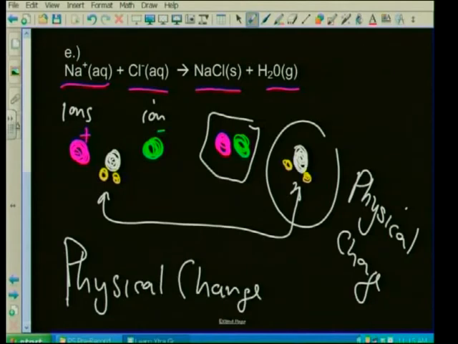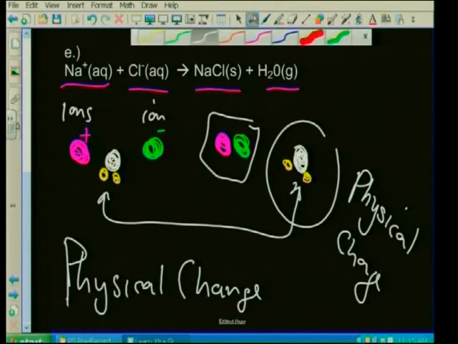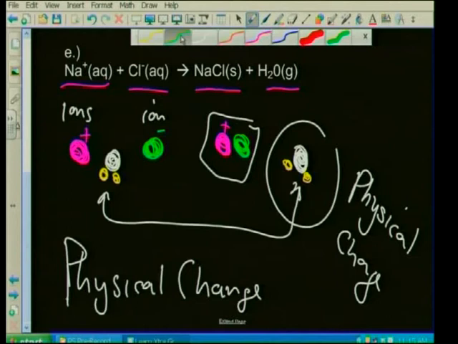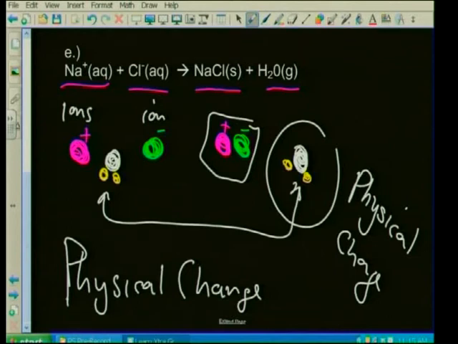Because particles haven't really changed. These are still positive. That's still a negative. They're just closer together. They've attracted together. They're bonded by ionic bonds. Now, please don't get confused. You don't get a salt crystal with just one positive and one negative.